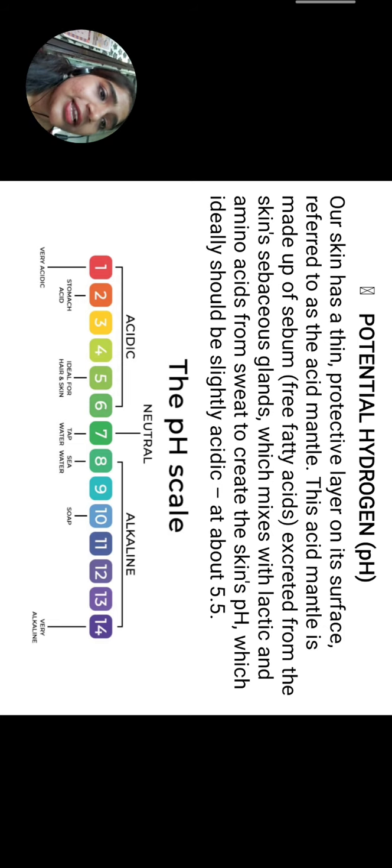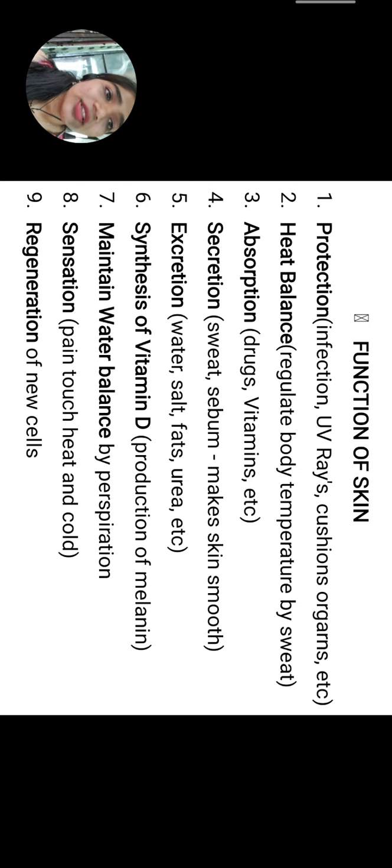So we'll quickly go through some functions of the skin, which is very self-explanatory, like protection. It helps us to protect from the infections that are around in the environment, from the bacteria, from the germs, from the UV rays, and it cushions the organs. That means the organs in our body are safe because of the skin.